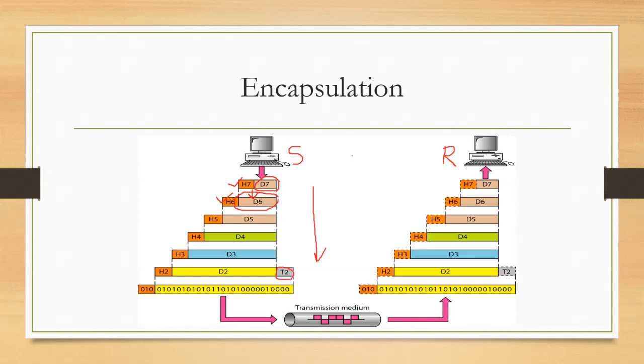This is an exception. So this is the concept of encapsulation: attaching a header corresponding to that layer to the data which is received from the upper layer. The opposite process is carried out at the receiver. The received data is delivered to the upper layer by removing its own header.